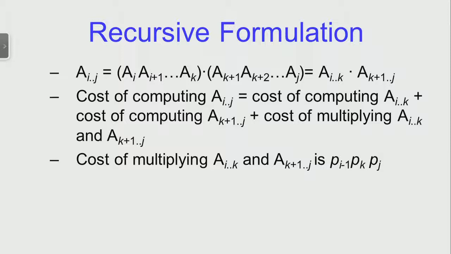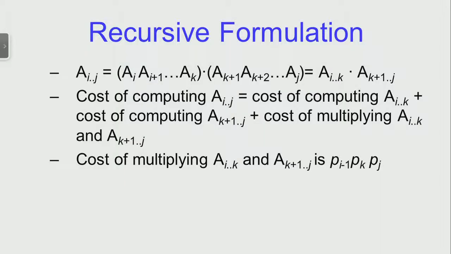The matrix Aij is obtained by multiplying the matrix chain Ai to Ak with the result of the matrix chain Ak plus 1 to Aj. In other words, this is the product of the two matrices Aik multiplied by Ak plus 1 j.